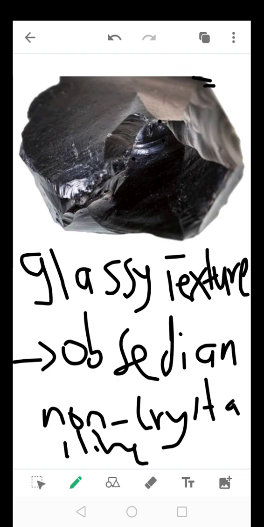That is to say, this rock shows no crystals at all. So the glassy texture is a texture that is non-crystalline, wherein the rock contains no crystals at all. It resulted from cooling that was faster, that denied the minerals the chance to crystallize. So the glassy texture is well seen in the obsidian.